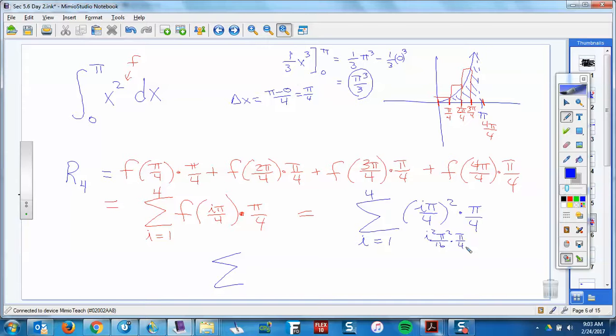And what did we say we can do with the constants in the sigma? Pull them out. So we can take the pi cubed over 64 and the only thing left is an i squared, from 1 to 4. Right? Now, what did we just learn about the sum of i squared?